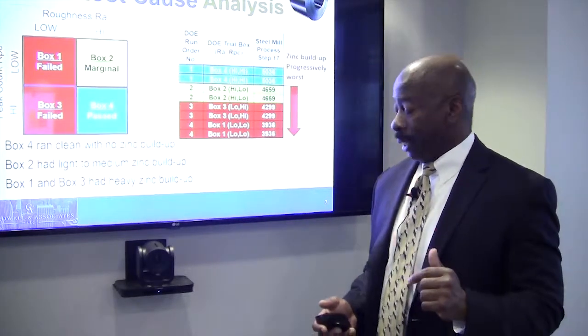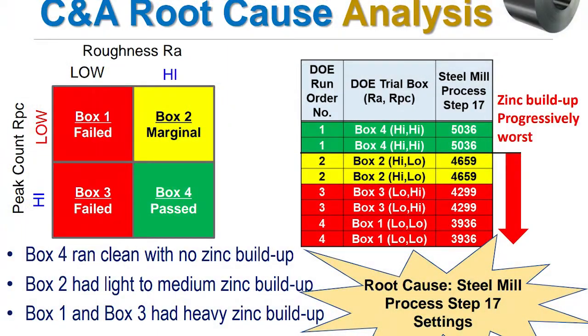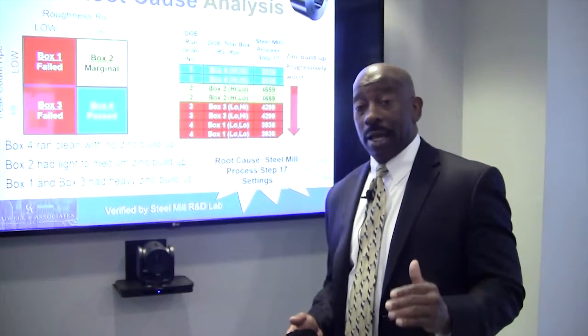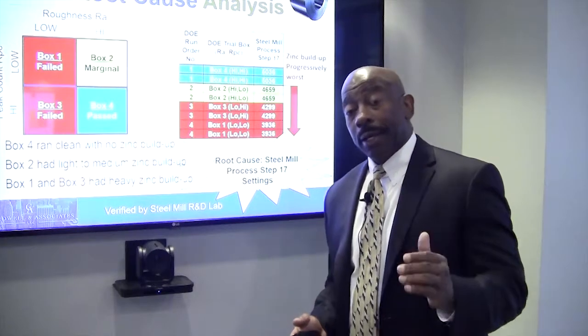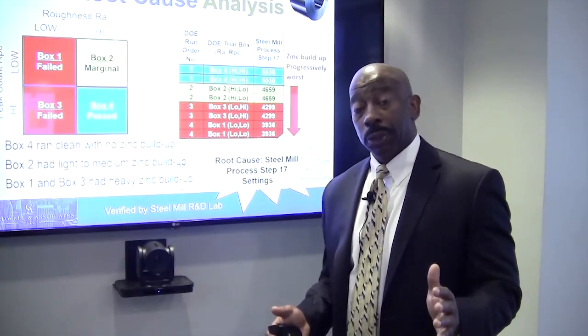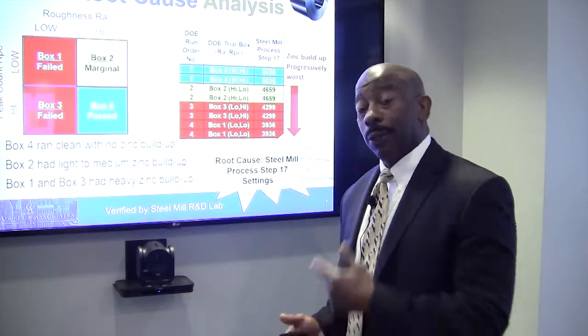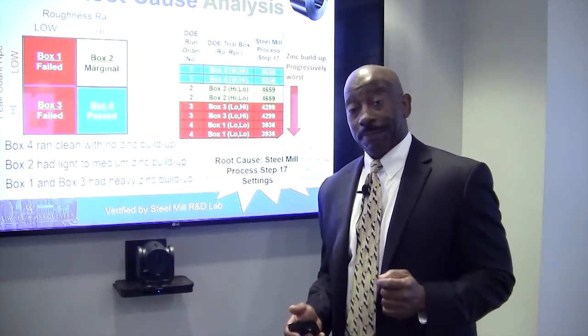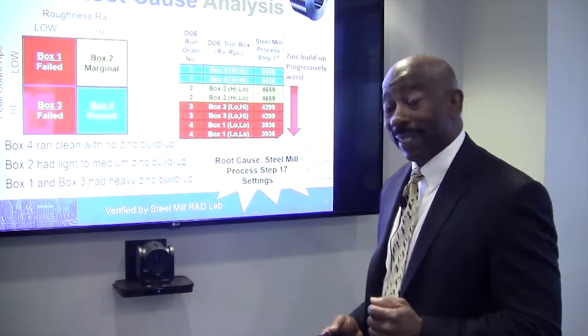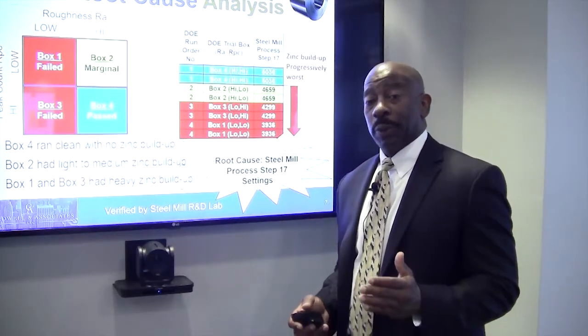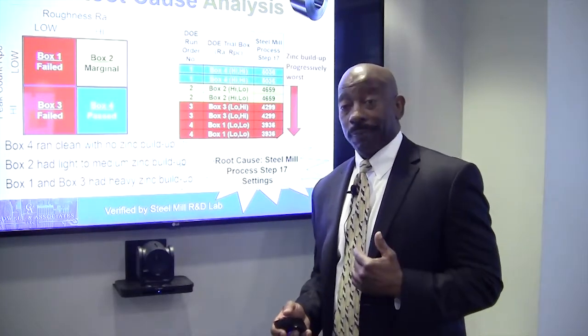This was validated by their R&D lab. The steel manufacturer's R&D lab set up a miniature stamping die and duplicated what we found mathematically. So that shows you our approach.